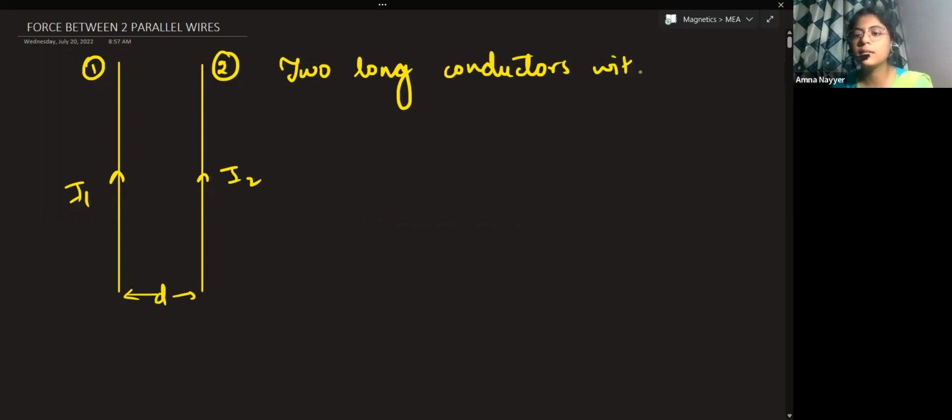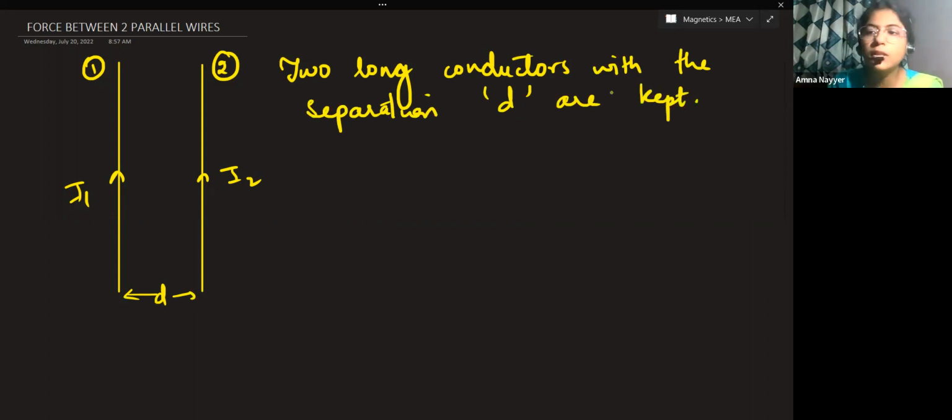Conductors with the separation small d are kept. Two long wires. Long wires mean two parallel wires we have taken. Long wires, we have done the case.